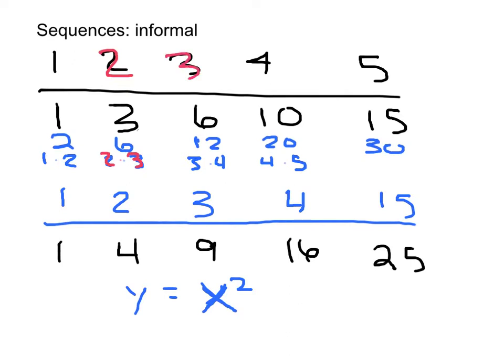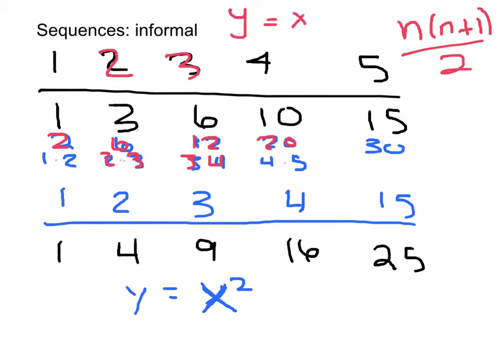Take the number 3, and I times it by 4, that gives me 12. So I could take the number, times it by one number bigger. Okay, that would give me the 2, 6, 12, 20, and so if I just were to divide that by 2, I'd have the sequence. So y equals x times (x plus 1) divided by 2.